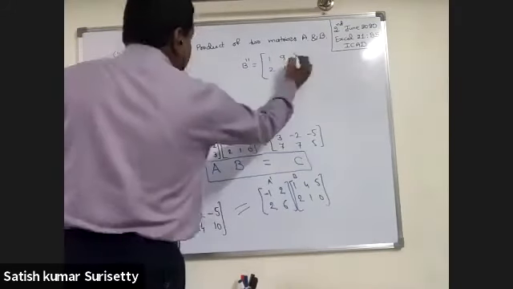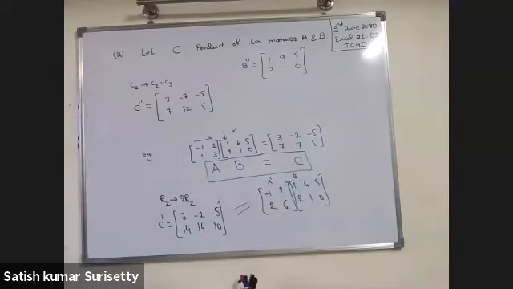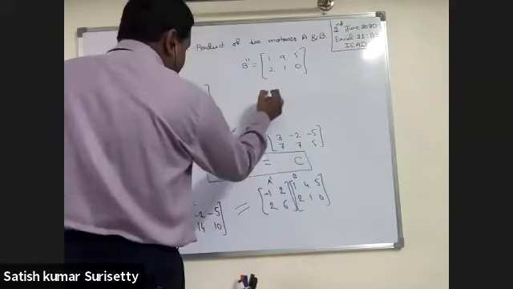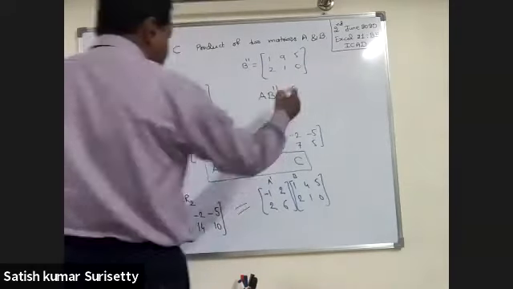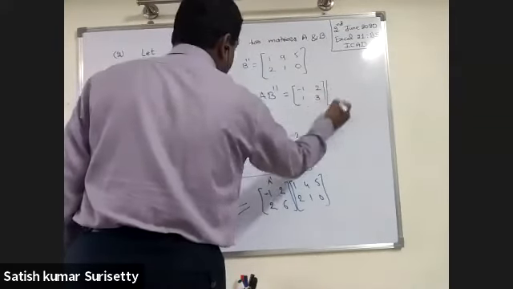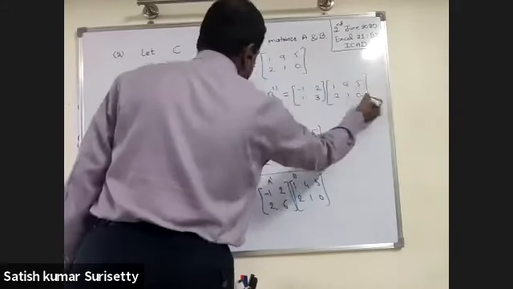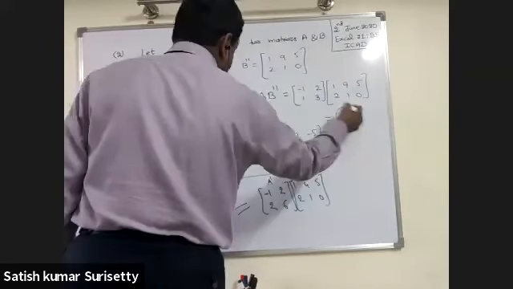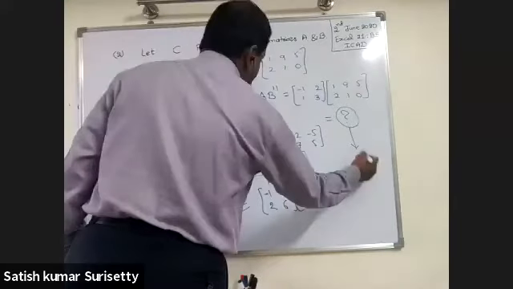Third column 5, 0. Now you multiply A with B double dash. A is minus 1, 2, 1, 3. B double dash is 1, 9, 5, 2, 1, 0. Now calculate this product and check if this matrix is same as C double dash or not.